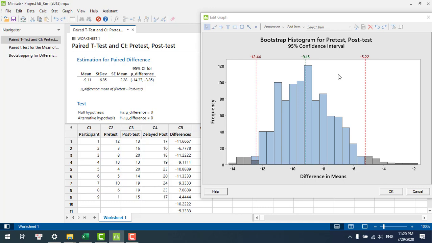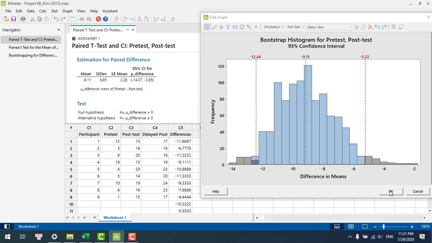Okay, so when you report your data, you can report both confidence intervals. So you can say that the normal confidence interval is going to be -14.37 to -3.85, no 0, no H0. And if you bootstrap the data, then you still have no 0, and you go from -12.44 to -5.22.